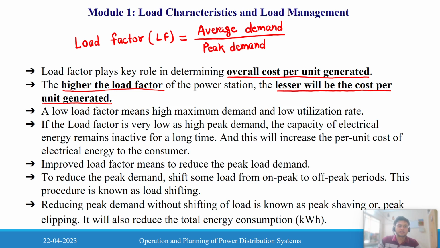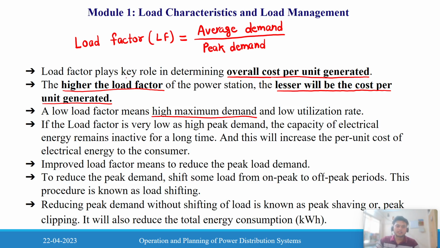A low load factor means high maximum demand and low utilization rate. Maximum demand is high, so that decides our generation capacity. What should be the amount of generation we should install for a certain generating station?